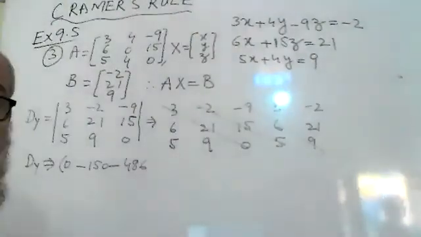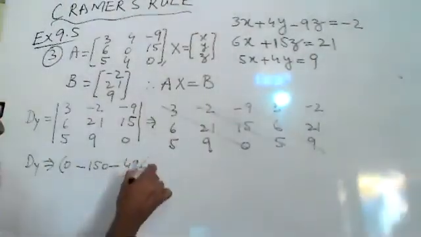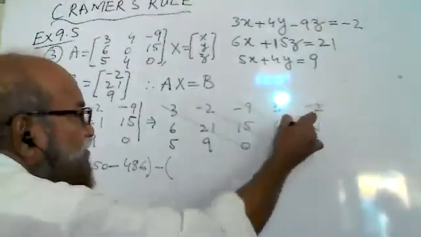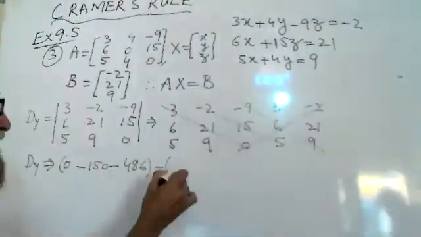Minus 486. Now minus the product of the secondary diagonal. Minus 2 into 6 into 0 will be 0.